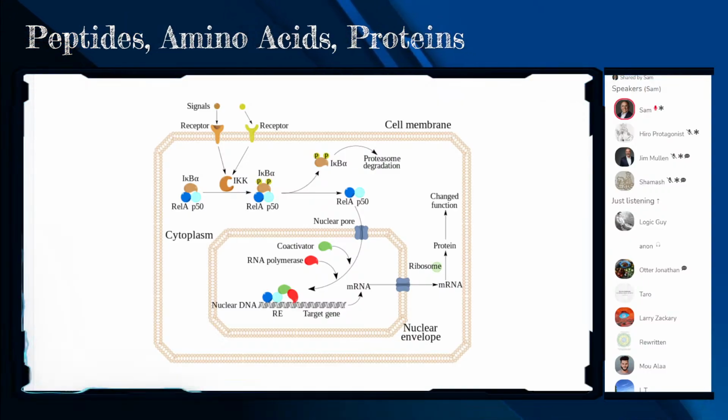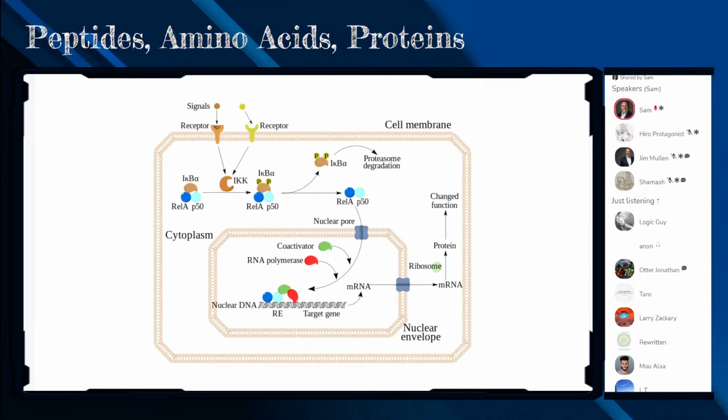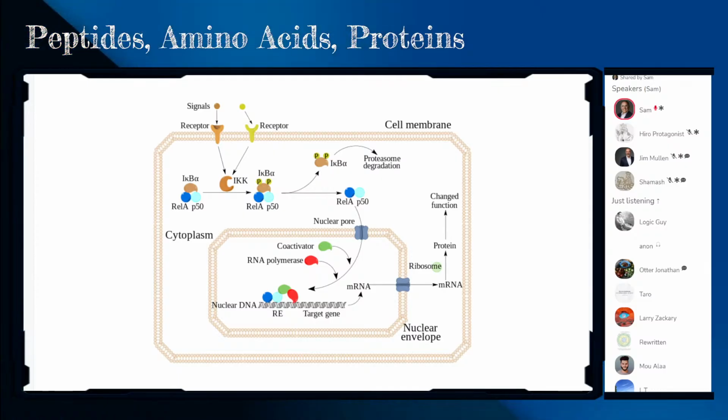Many of the signal molecules that hit the receptors are polypeptides. And signal transduction pathways inside the cell are all mediated by proteins, in the sense that proteins do a reaction on other proteins to change their chemistry, and that way they send the signal down the chain.